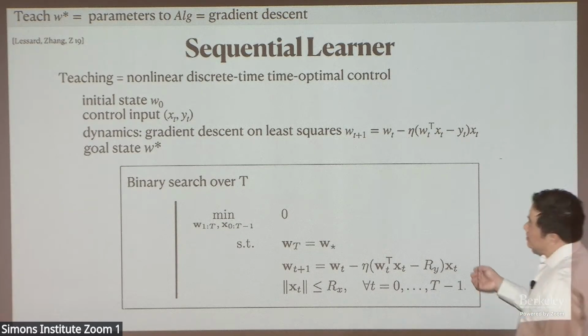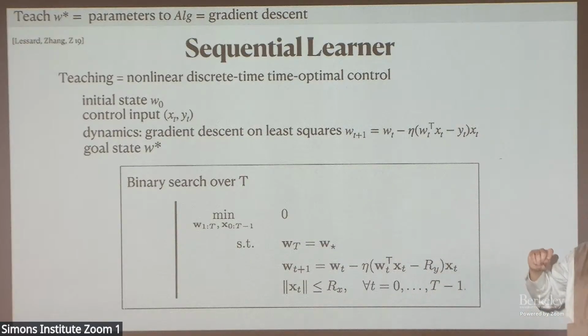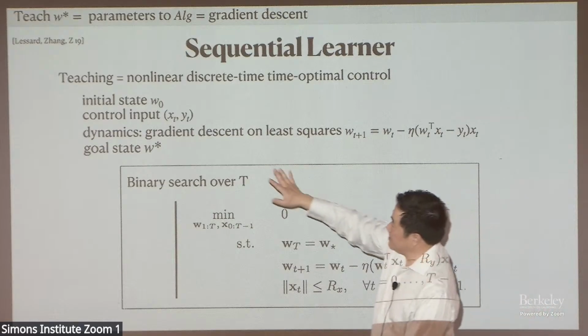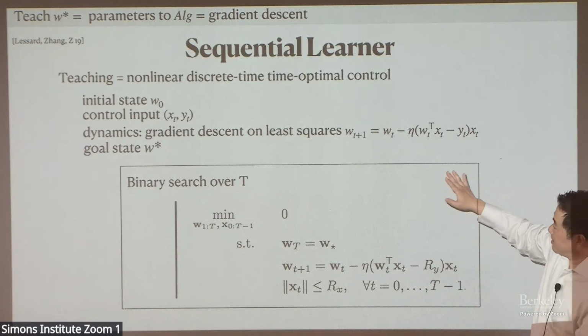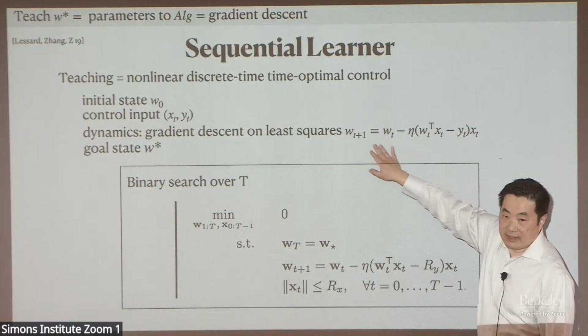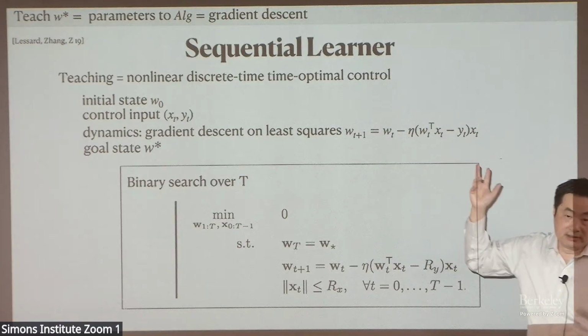Okay. What does that mean? Well, the learner starts with an initial W0, and in each step, the teacher gives x_t, y_t. We can think of this as a control problem because there is a dynamics, and this is just gradient descent with eta as the step size.